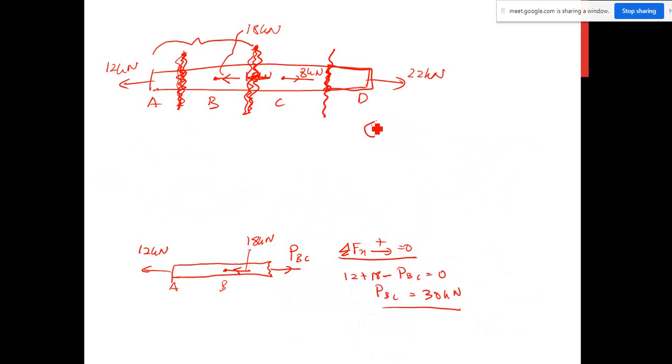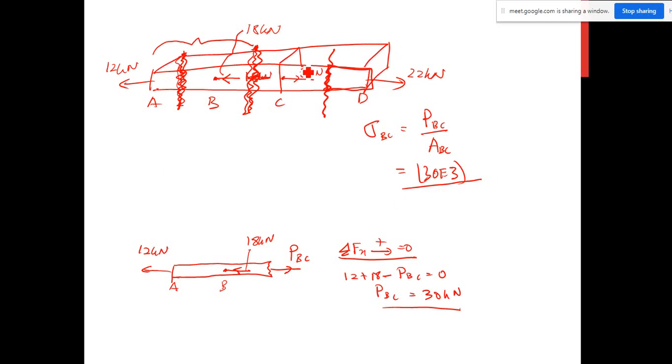Now the stress for portion BC is equal to PBC over ABC. PBC is equal to 30 times 10 to the power of 3, divided by the area. The area is equal to length times width. If I draw the three dimensions, the cross section area must be something like this.